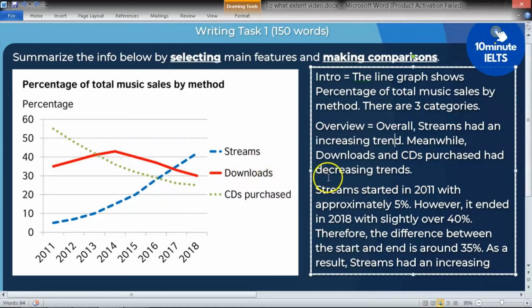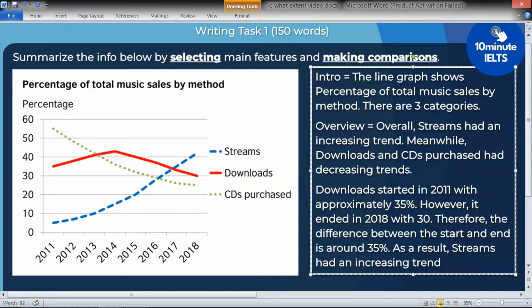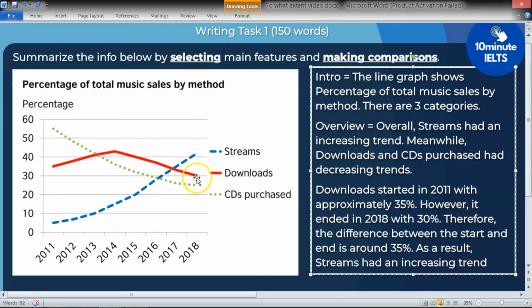If I'm going to do body 2 now, such as downloads, I could say downloads started in 2011 with approximately 35% this time, since it is between 30 and 40. However, it ended in 2018 with exactly, or you could just say 30%, since we can see that the red line clearly ends here at 30. Therefore, the difference between the start and end is not around 35 this time, it will just be around 5%, because 35 minus 30 is 5%.